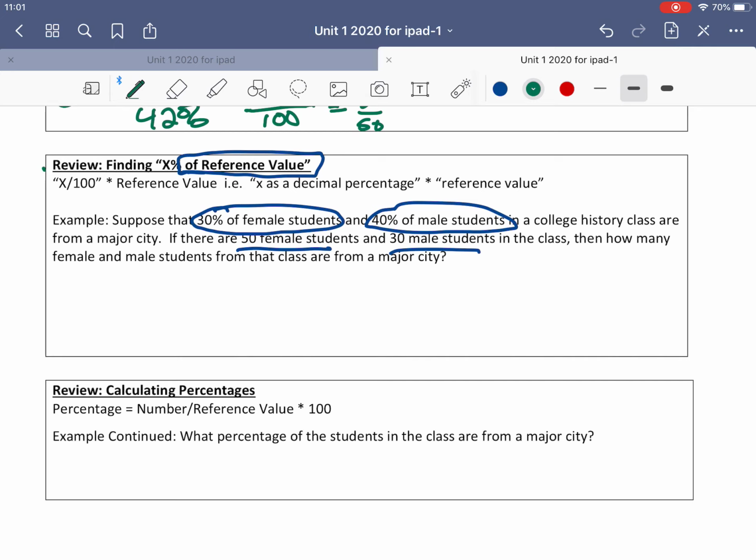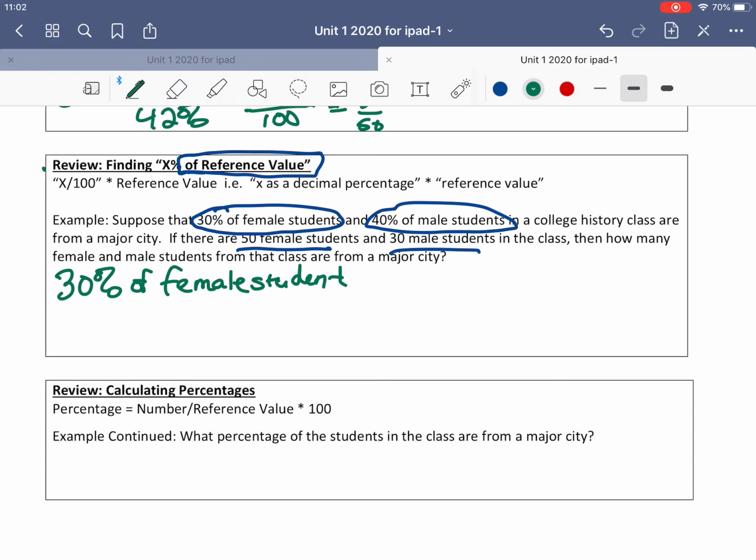Okay, so I want to know the number of female students that are from a major city. What I have right now is the number of total students and the percentage of female students. So I'm going to go ahead and write this down right here. This isn't something I would usually start my problem with in terms of writing it, but this is how I always start thinking through it. So 30% of female students is what I want to know.